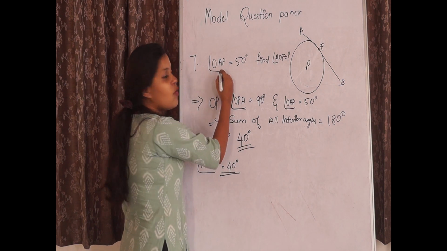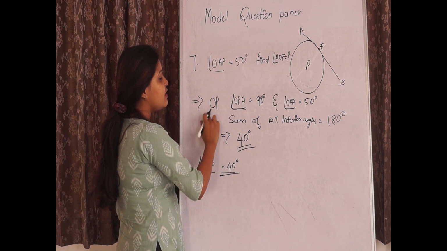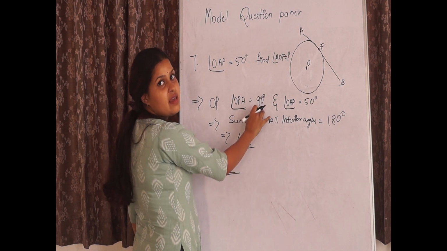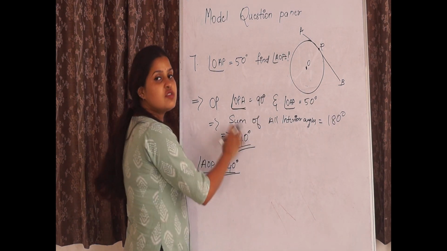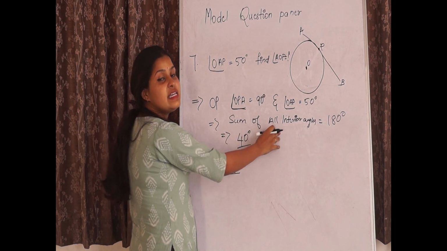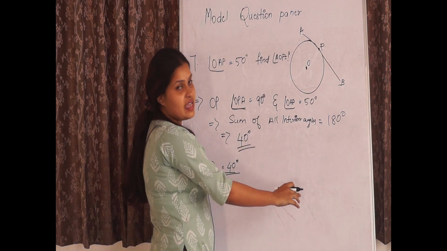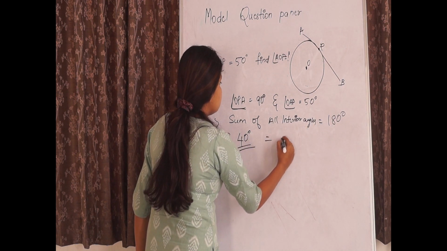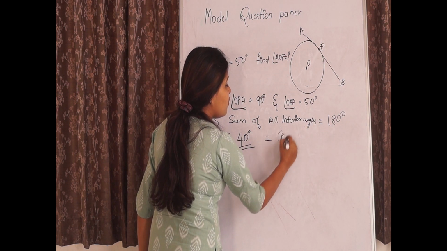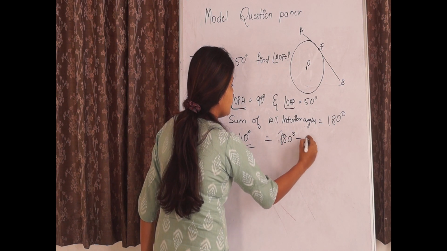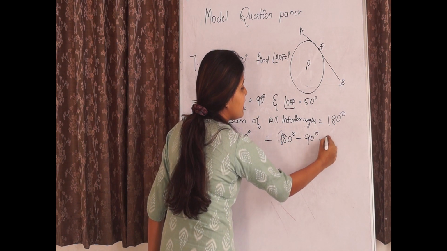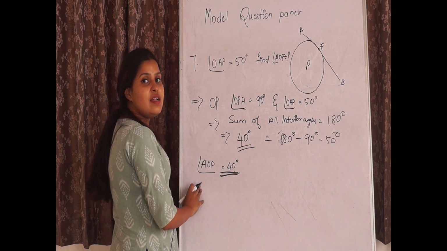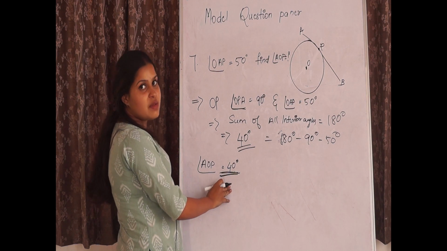If angle OAP is 50 degrees and OP is a tangent, then angle OPA will be 90 degrees. The sum of all interior angles in a triangle is 180 degrees. So 180 degrees minus 90 degrees minus 50 degrees will be 40 degrees. So angle AOP will be 40 degrees.